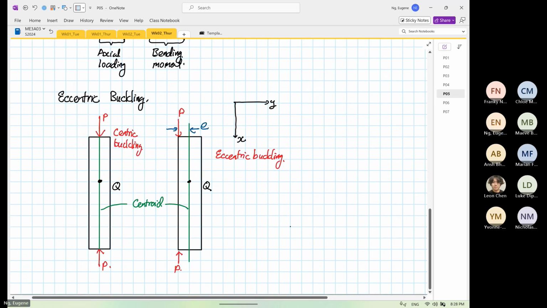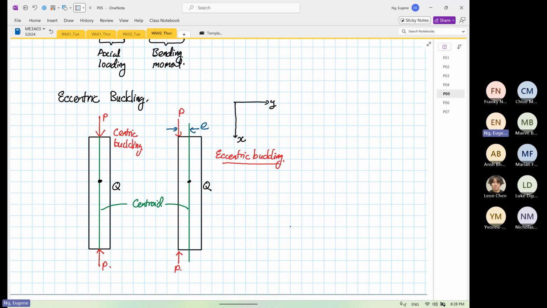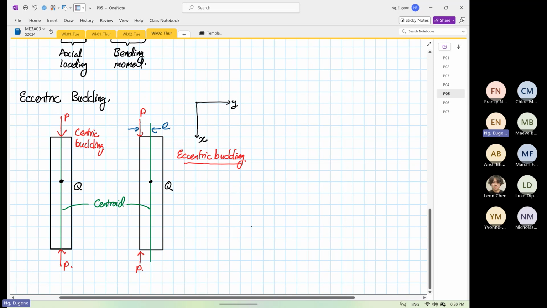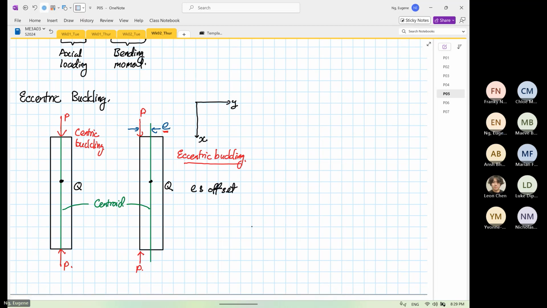So now, if we were to focus on eccentric buckling, if there's an offset of E, E is known as our offset distance.